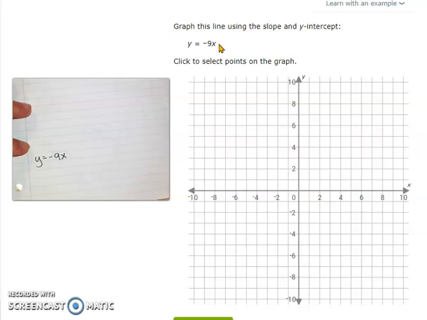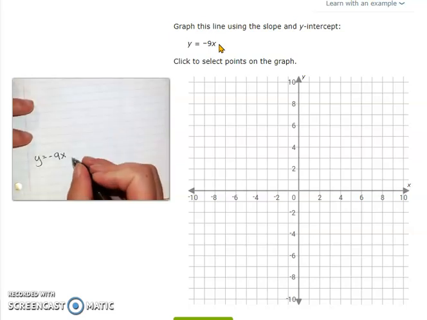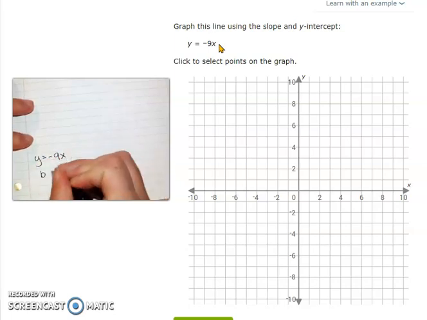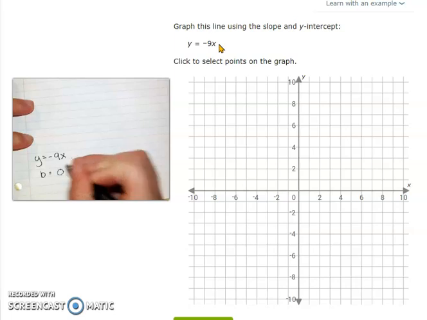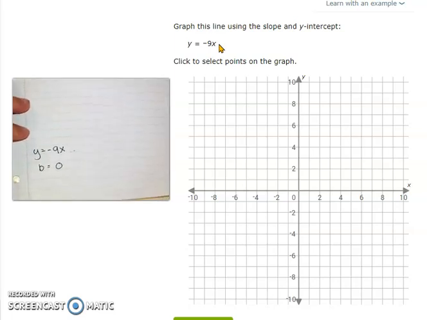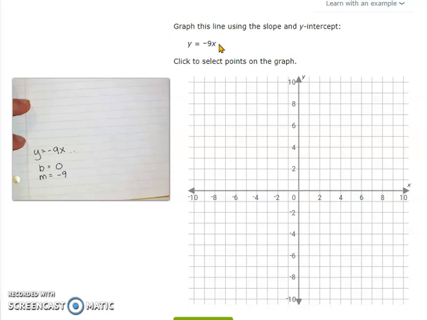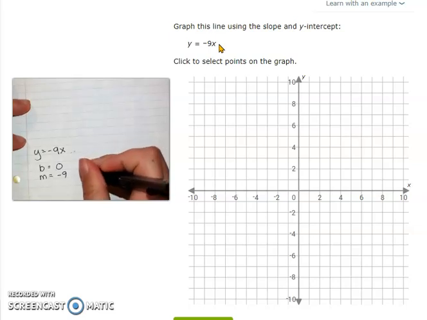Okay. Now, we don't have a b included. And the reason we don't is because the b is equal to 0. And they don't include b when b is equal to 0. And our slope, our m, equals negative 9. And slope is a fraction, so I'm going to write negative 9 as a fraction. And that's going to be negative 9 divided by 1.